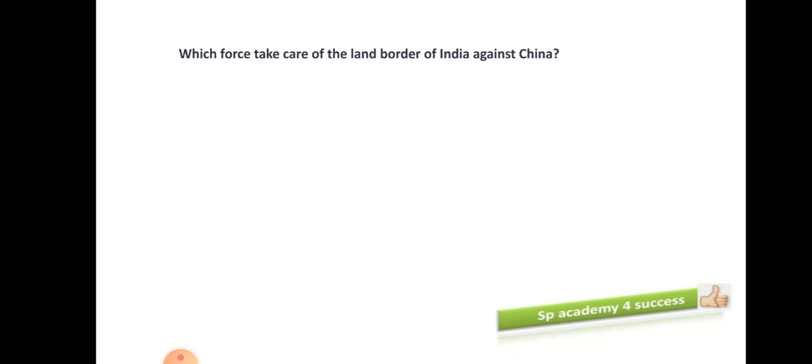See the question. Which force takes care of the land border of India against China? In order to protect our Indian land, we have forces who protect it. So here the question is, which force will protect the Indian land against China? Let's see the options quickly.